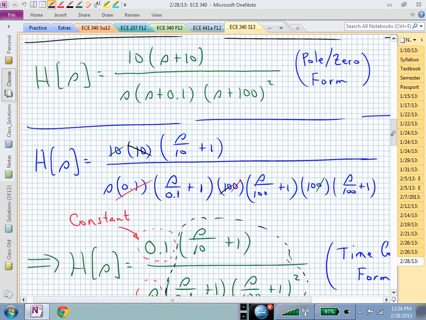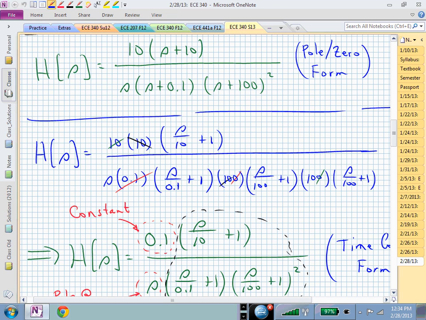But as we said last time, that's not the most efficient way to think of the transfer function if you're going to be sketching a Bode plot. What we want to do is convert it into a time constant form, and we can do that by pulling out all of these values for the poles and zeros that are sitting over there in the constant term.